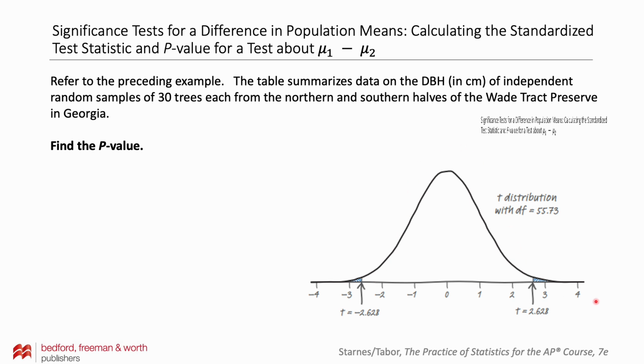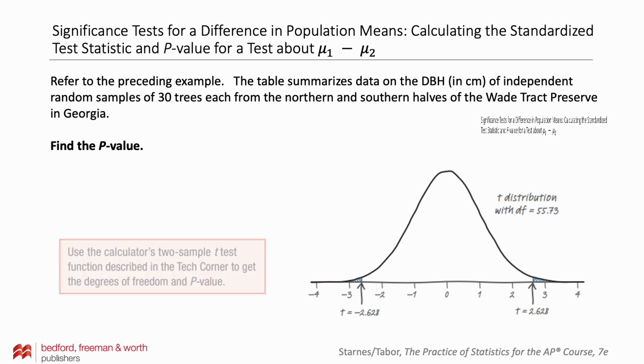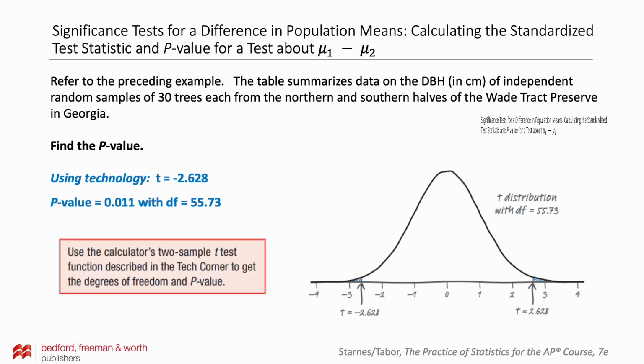I do want to see this t distribution with the degrees of freedom here and where you're shading. So our p-value here, if we use the calculator, we got t to be negative 2.628. Our p-value would be 0.011 with a degrees of freedom of 55.73.